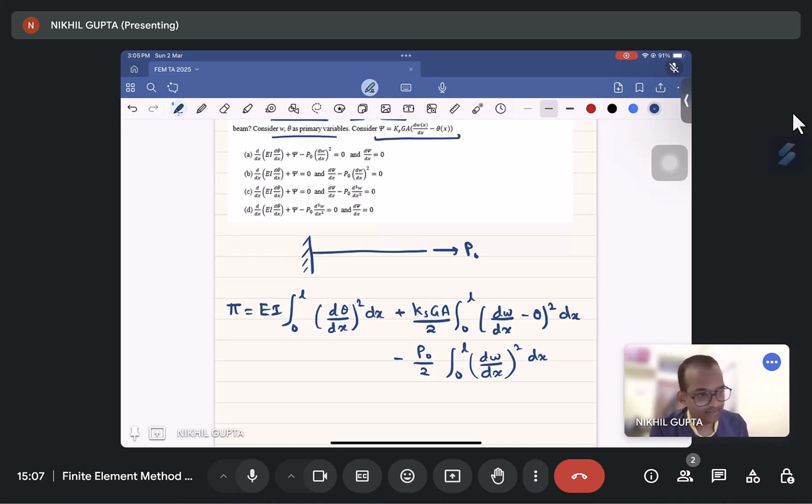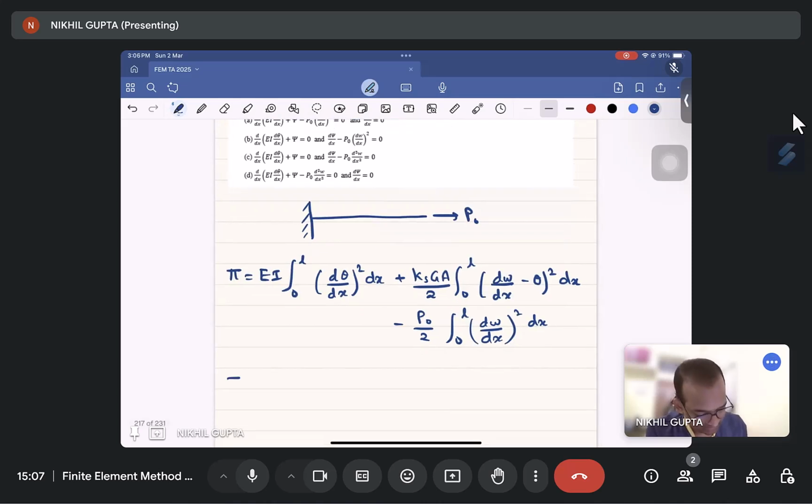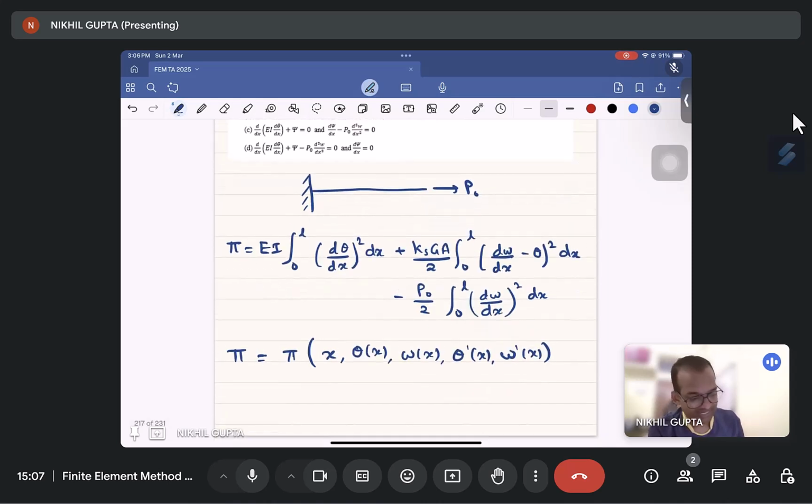Now what we can see is that this pi, the potential function, is a function of x, which is the independent variable, then theta, then w, and two more terms, theta dash and w dash. So we got our potential energy function.